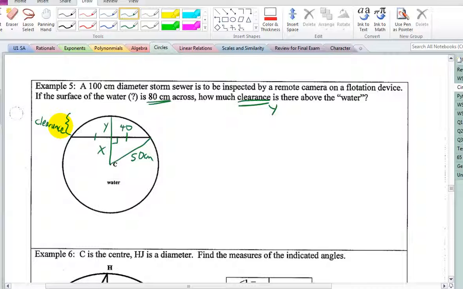You did a question just like this. Do Pythagoras to find X and a subtraction to find Y. Go.